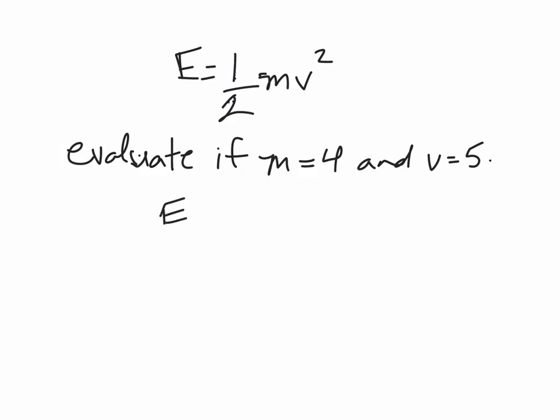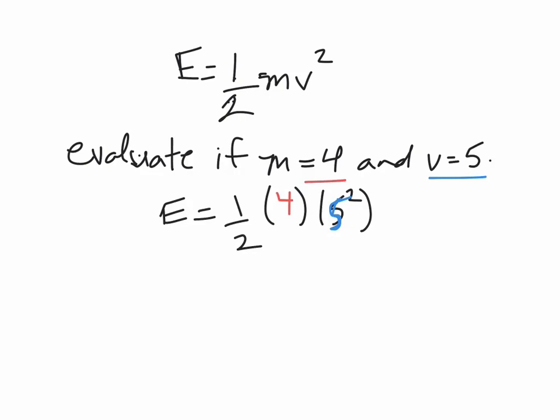E equals 1/2 m, so I'm going to write that as a bracket, and then I write in the value for m as 4. And then we have v squared. So again, that's going to be 5 squared, and the 5 comes from right here, and our 4 comes from right here.